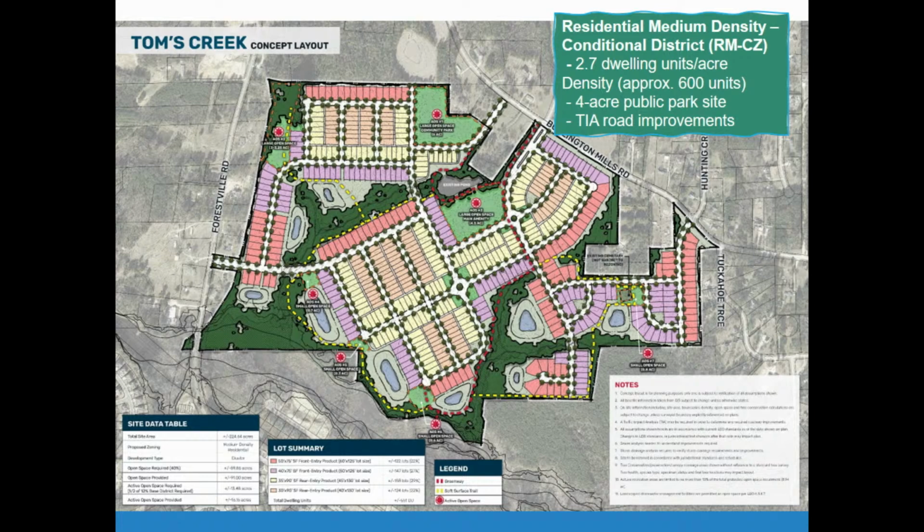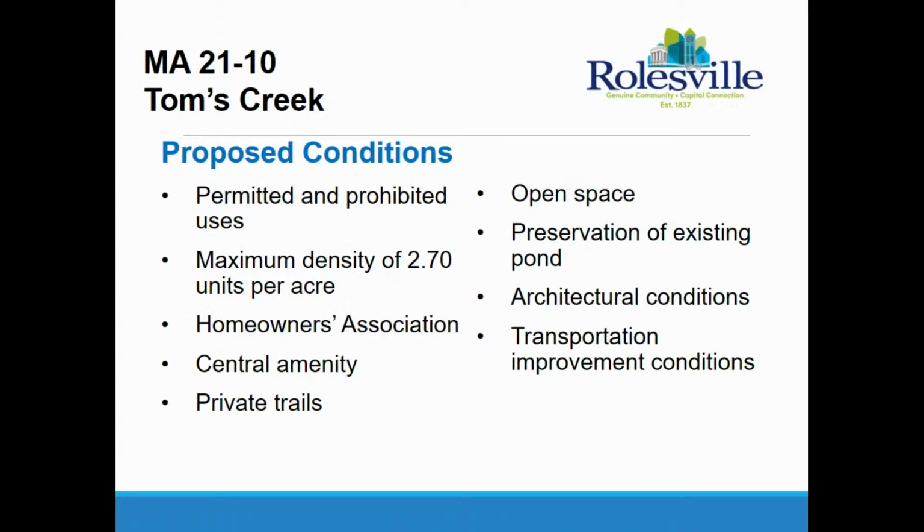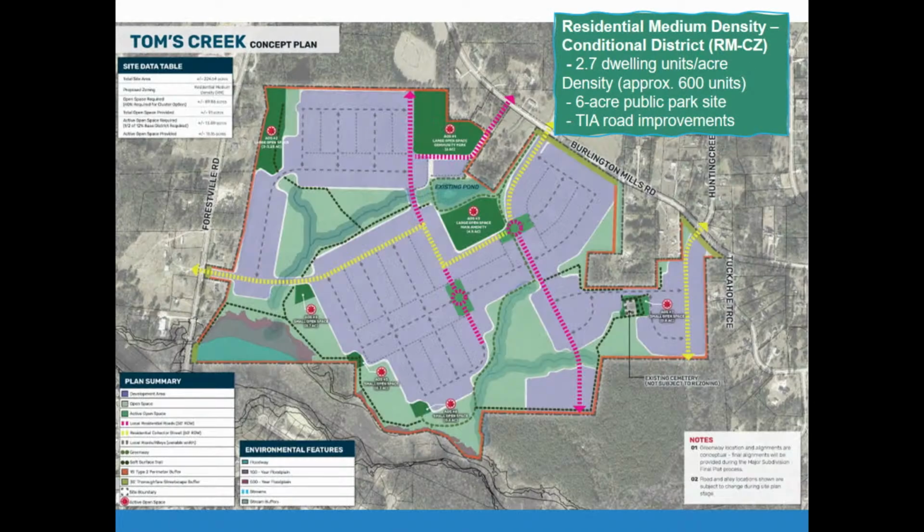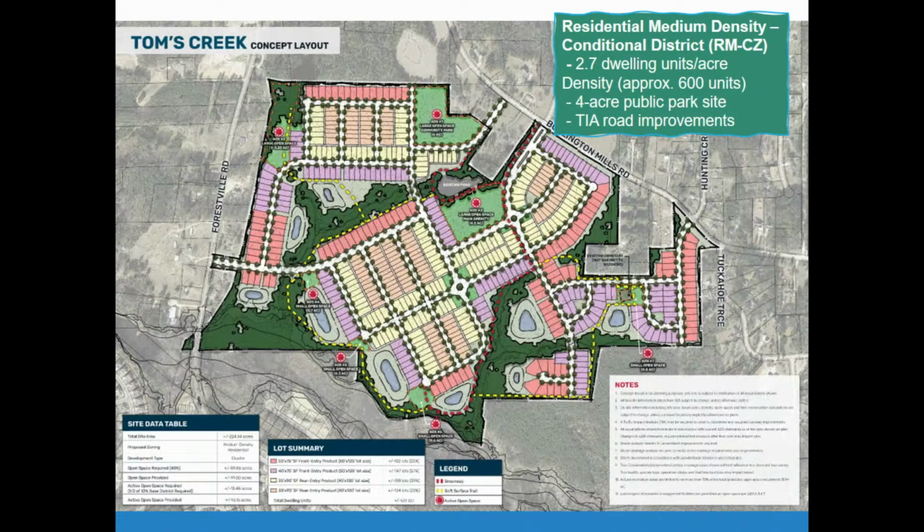And it's soft trail. Our plan for the greenway needs to be hard surfaced and stubbing out on Forestville Road. That whole corridor along Tom's Creek is vital to connecting to the Neuse River Greenway system.